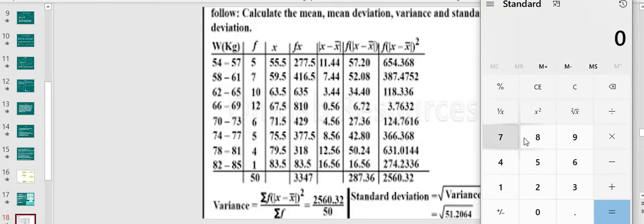Then 59.5 will be multiplied by 7, which is equal to 416.5.